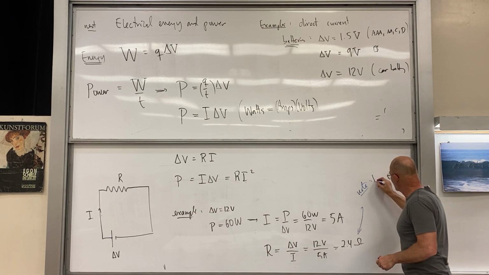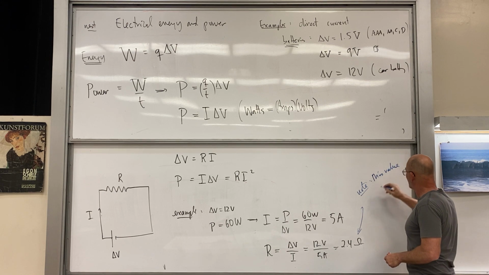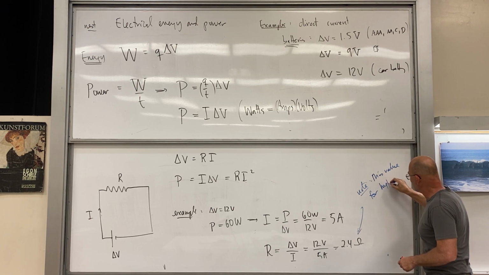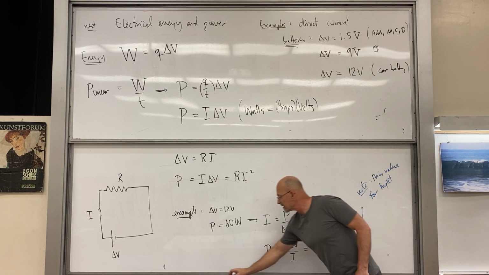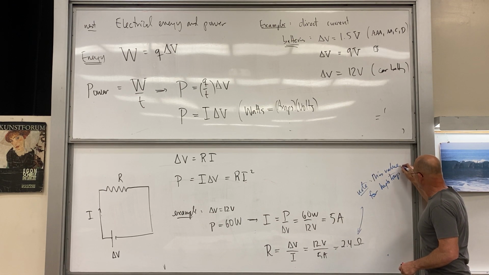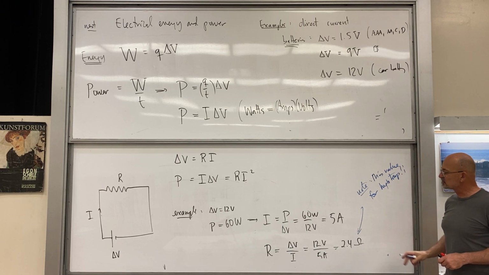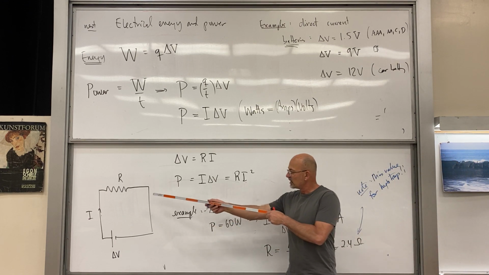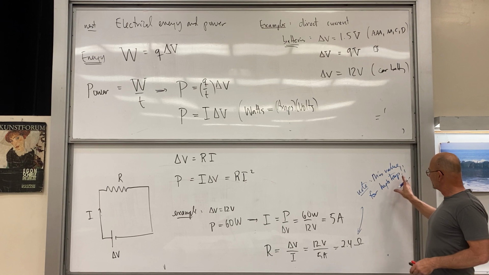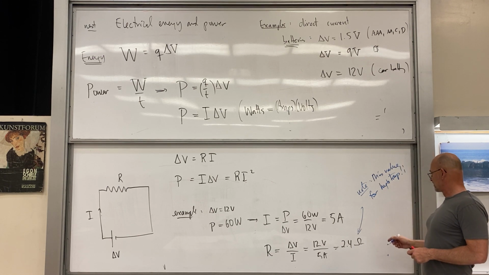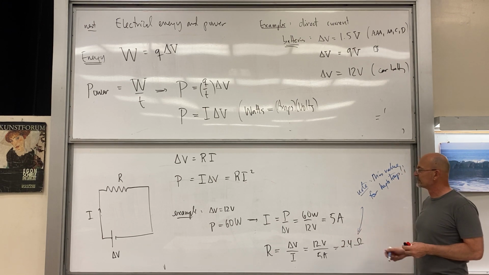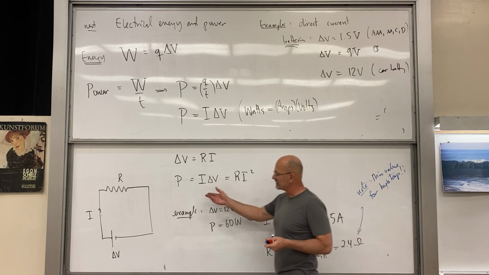So this value is for high temperature. If you actually measure the resistance of a light bulb, it's going to be completely different because it's running so hot in this case. But nonetheless, this is the actual resistance while it's running. Not every circuit element gets that hot.